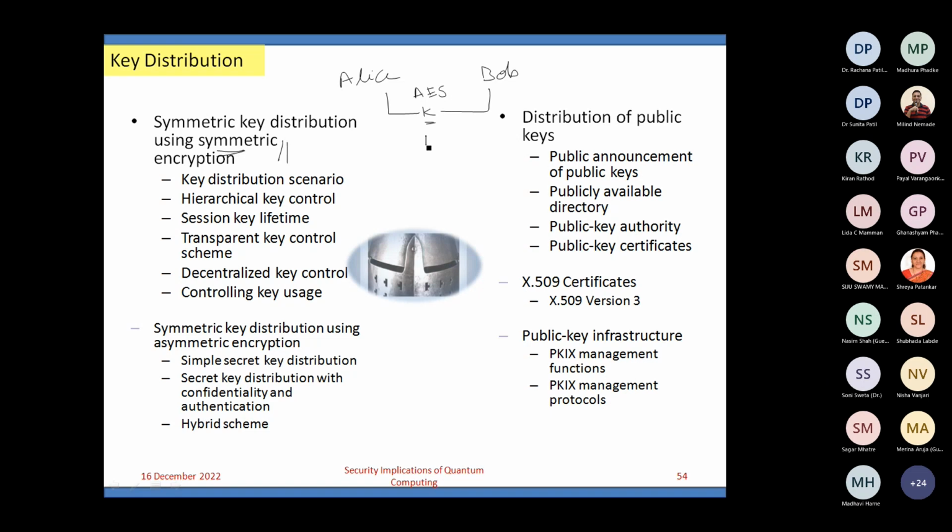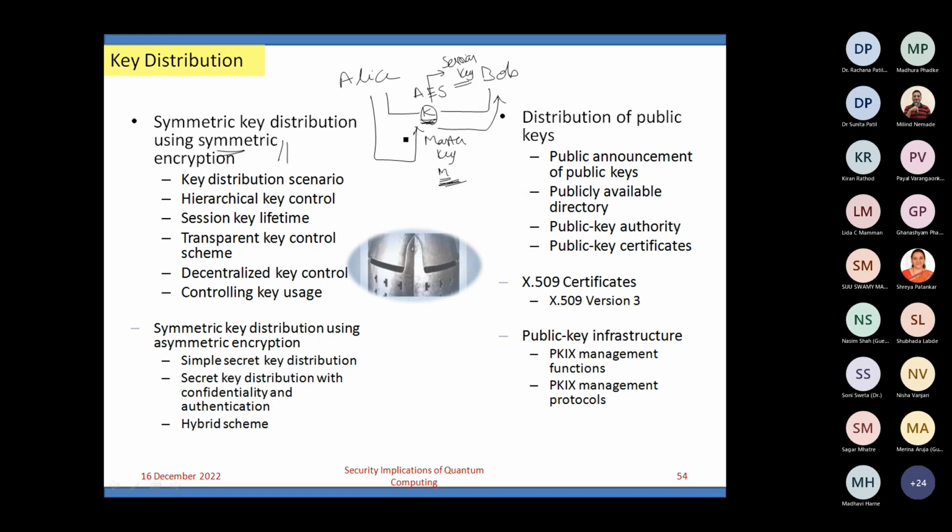That means there must be a master key, M. This would be used to encrypt your K. So Alice uses the master key to encrypt K and then gives it to Bob. Bob will use that same master key to decrypt and get that K. So this master key is M. This particular K that is shared is called the session key.